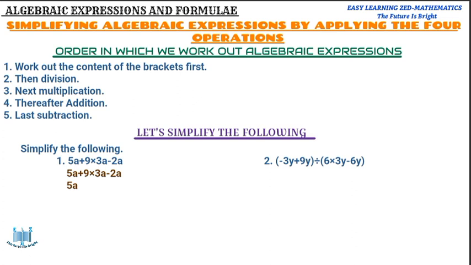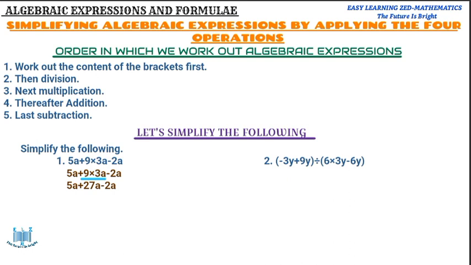Positive 9 multiplied by positive 3a will give us positive 27a. The one I've underlined in light blue is the expression I'm working on. Then minus 2a, because we are remaining with 2a there, which we haven't touched. Once we are done with that, the next step is we deal with addition.